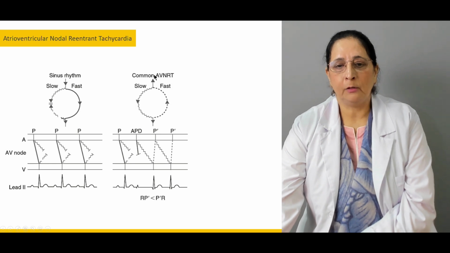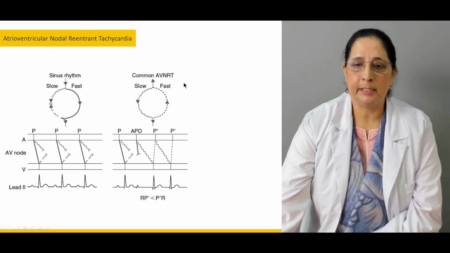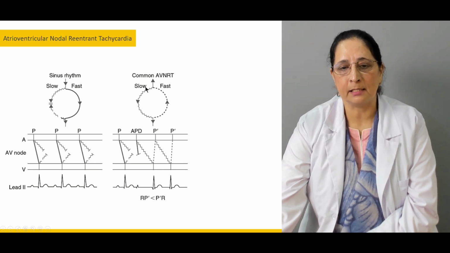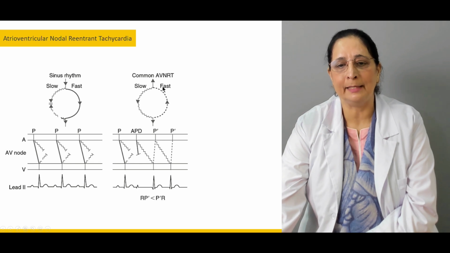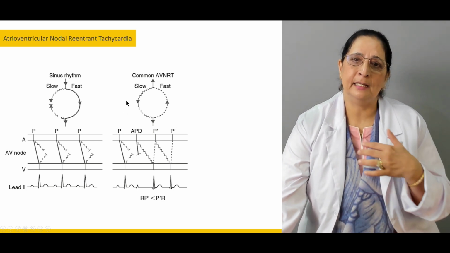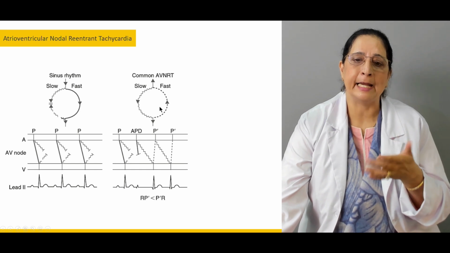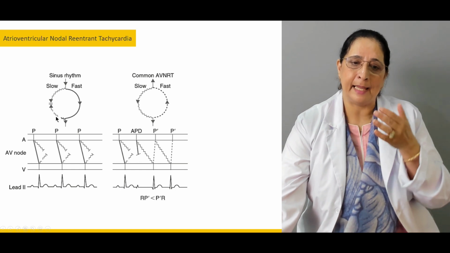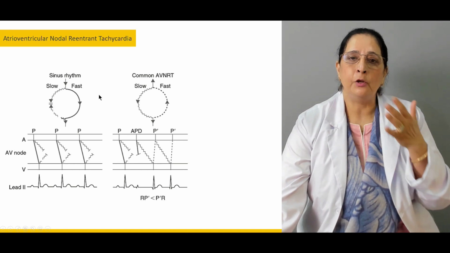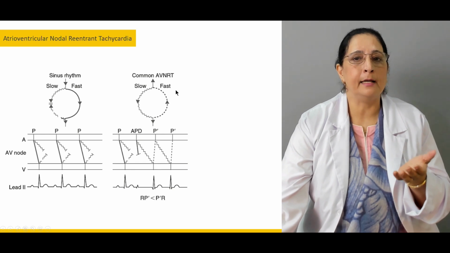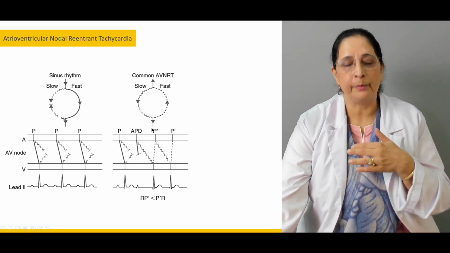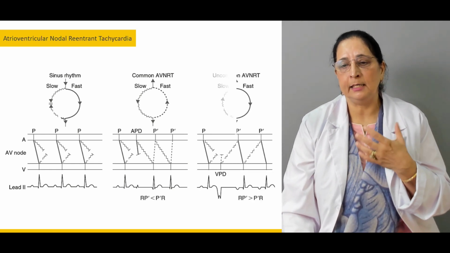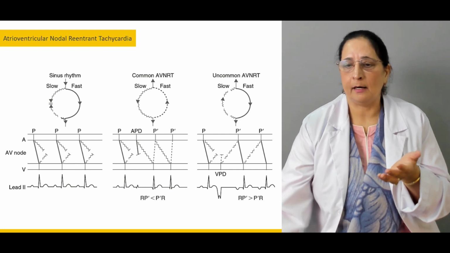Then we have the common AVNRT rhythm. How does the common AVNRT rhythm present? It has first the slow component, then the fast. This is another common type of re-entrant tachycardia. So in normal sinus rhythm, we have fast and then the slow component. In common AVNRT, we have the slow first, then the fast, and then finally the uncommon AVNRT.